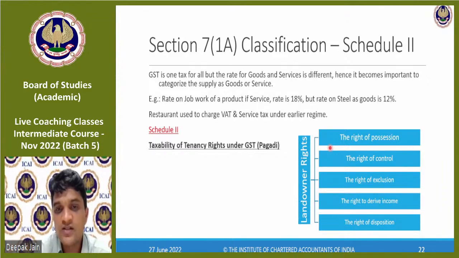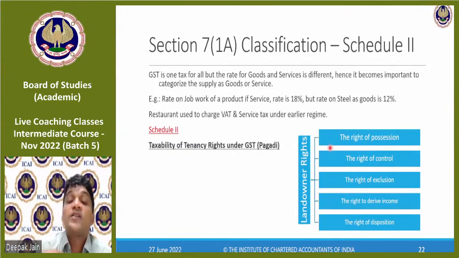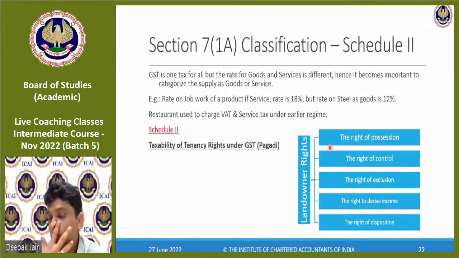If I don't possess it, I can give it to somebody else and they can give me rent, a right to derive income from that. Again, I'm using rent, of course, license, lease. I have a right to derive income through a lease. And a right of disposition, I have a right to sell it off also. So there are various rights under land ownership. It's not that only possession is a right. Possession, control, exclusion, deriving income, and disposition.